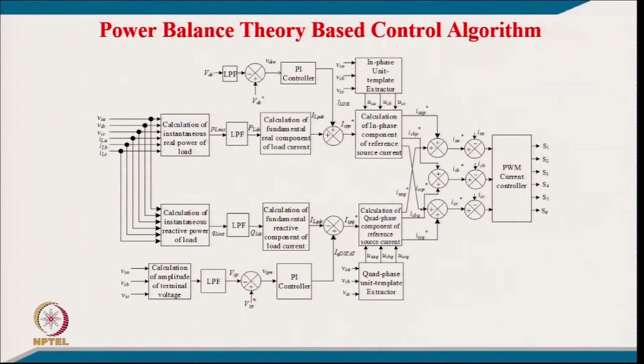So, we have a reference amplitude of voltage, we have a feedback voltage, and we use the PI controller to regulate the voltage. So, we get the quadrature axis component. This is to be provided by the DSTATCOM, and this component is provided locally to the load, and this minus this is flowing into the supply system, because we are finding the supply reference current.